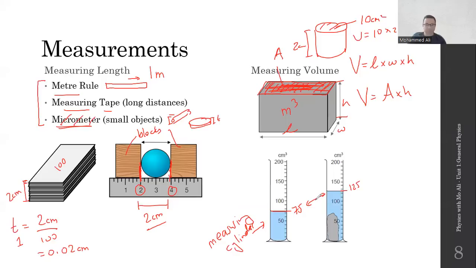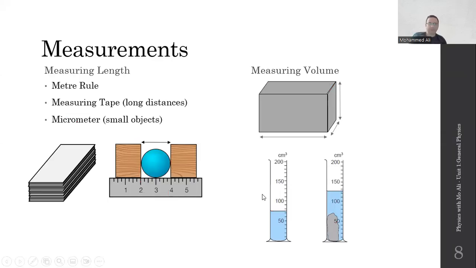So 125 minus 75 is 50. Very good. So how do you get the volume of an irregular solid? Pour some water in a measuring cylinder, measure the initial volume, put the object in, measure the second volume, and calculate the difference between the two values.